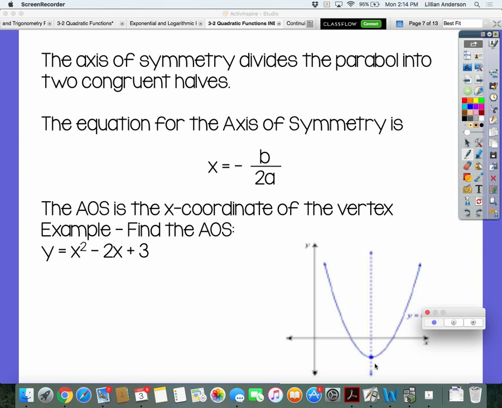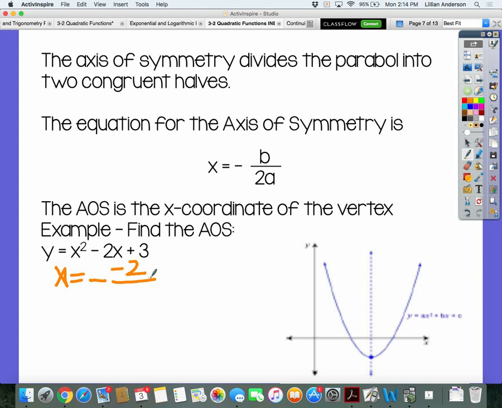Alright? So let's find the axis of symmetry for the same example. X squared minus 2x plus 3. It's an equation, so we're going to do x equals negative b. What's b? Negative 2. All over 2a. What's a? 1. Now we all know 2 negatives make a positive. So this is going to be a positive 2 over 2, which is what?